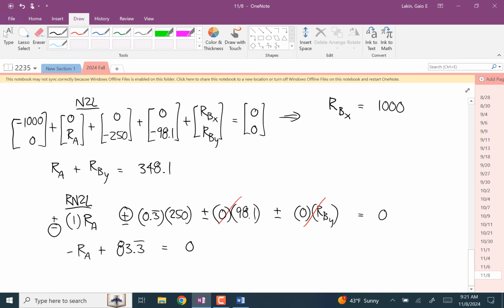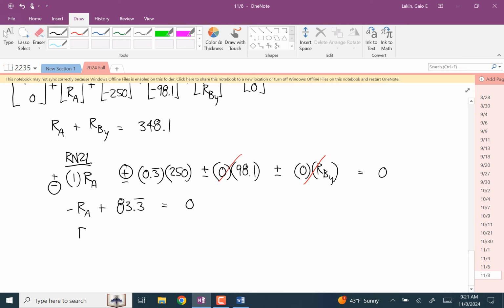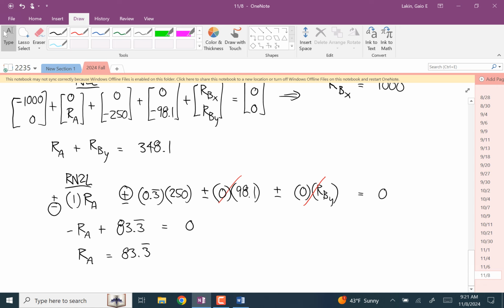And this is equal to 0. So RA is 83.3. And now we can plug that back in here, and RB is 264.76.